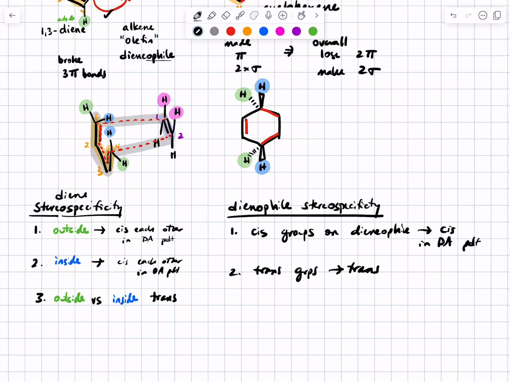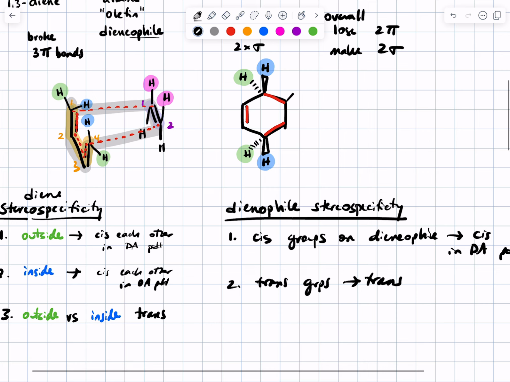Now, I know that with the example I've chosen, you really can't tell. Protons is protons, right? But these two pink protons are cis to each other in the Diels-Alder product. They have to be. Okay?